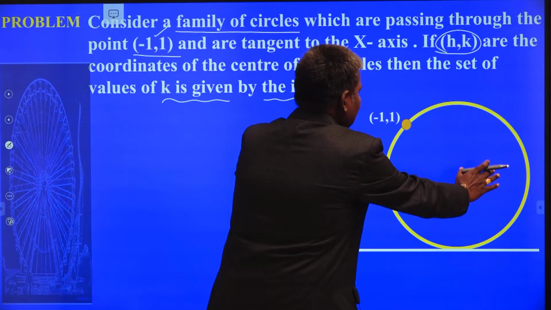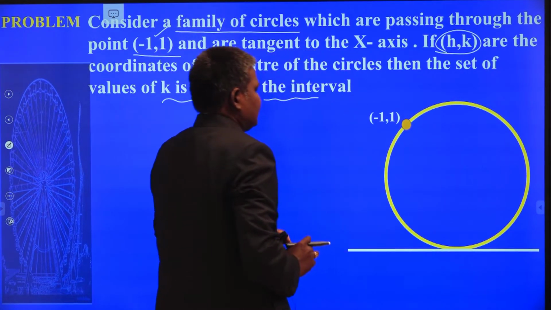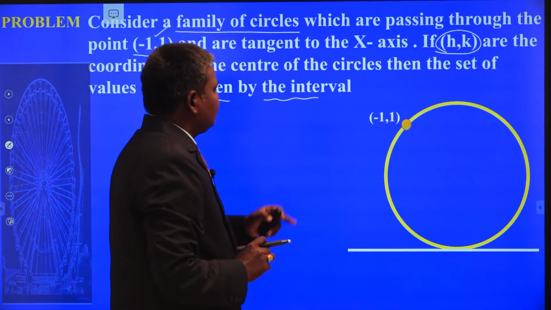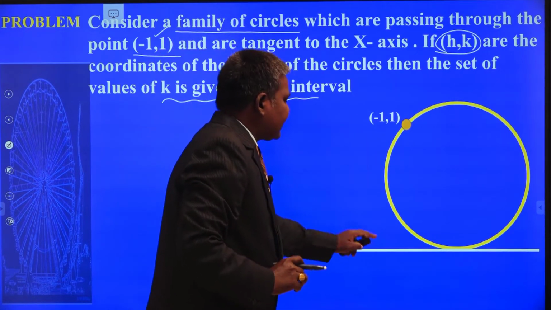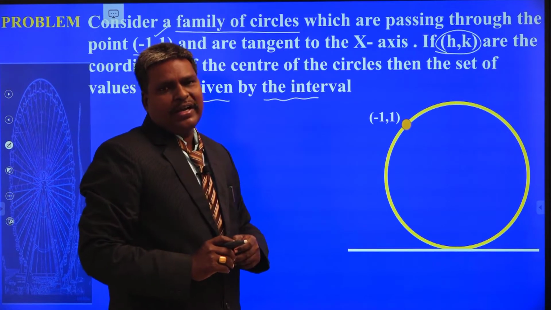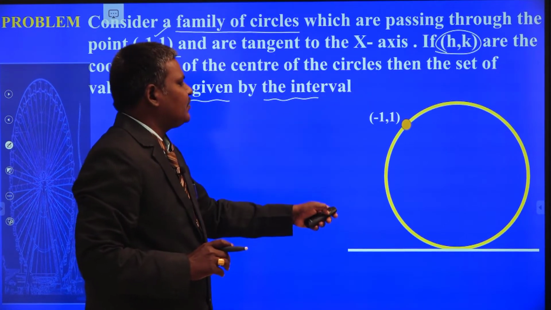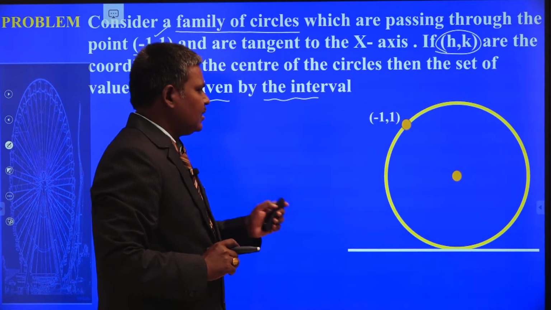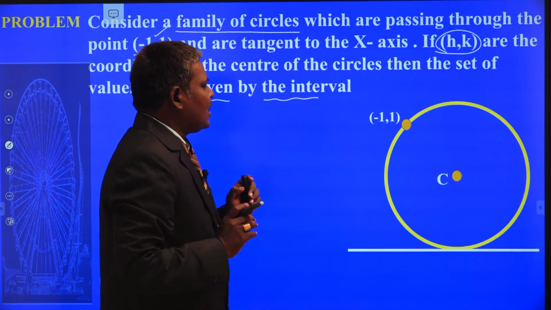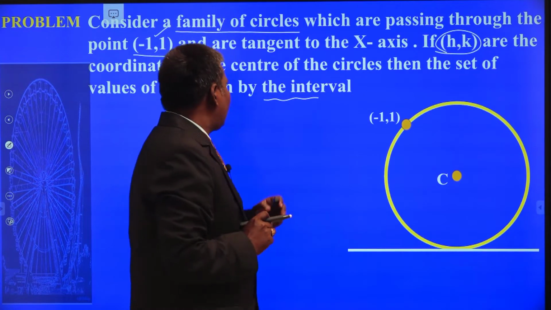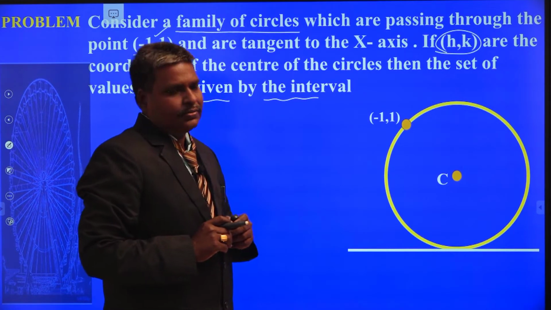So this is one of my circles, satisfying the given two conditions. The point minus 1 comma 1 lies on your circle and it touches the x-axis. What you have to find? You have to find out the range of k. What is h comma k? The center of the circle. Its coordinates are h comma k. Now you have to find out the range of the k value.